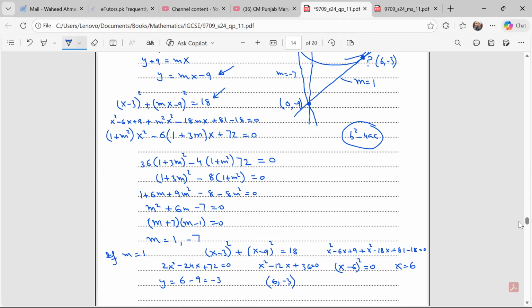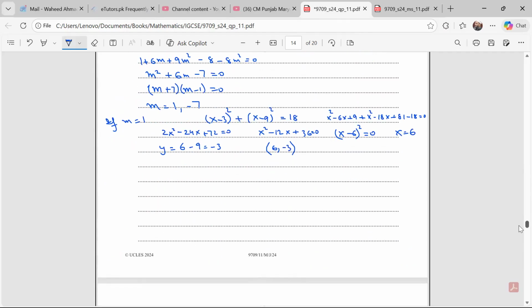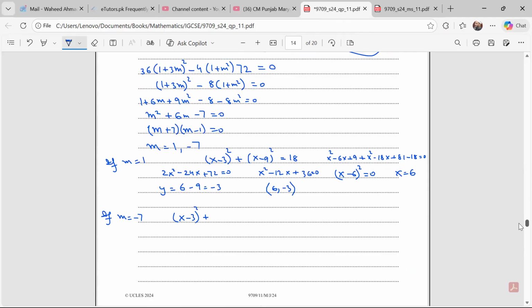This is the point of intersection of the tangent line with slope m equal to 1, and it is tangent to the circle. Now let's find the second intersection point. If m equal to minus 7, then my equation will be x minus 3 squared plus, now what's the second equation? This time it is going to be a little bit more complicated.